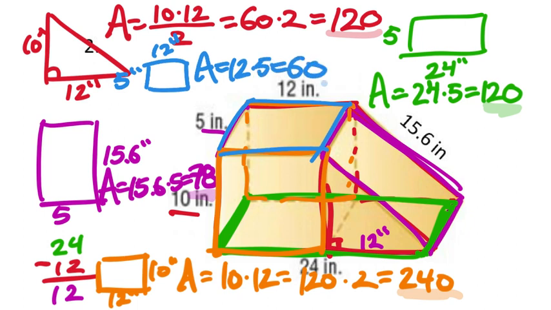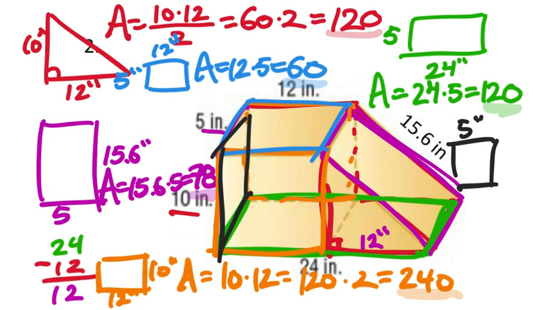Again, that's one of the surfaces right there. But I do have one more, and I've run out of colors. So I'm going to just do this one in black right here. This rectangle in black, of course, it's got 5 inches right there, but it's a height of 10 inches. So its area would be 5 times 10, which is 50 square inches.